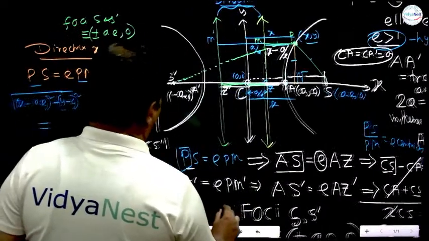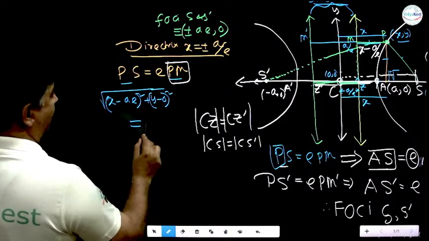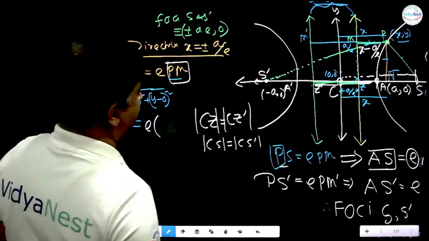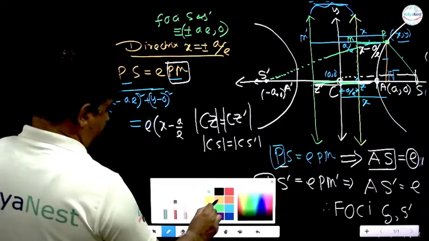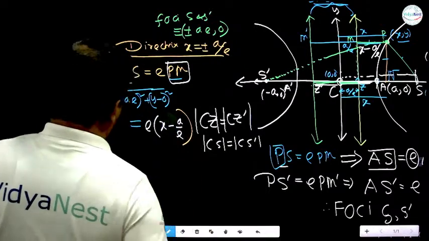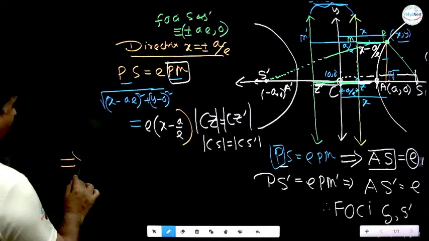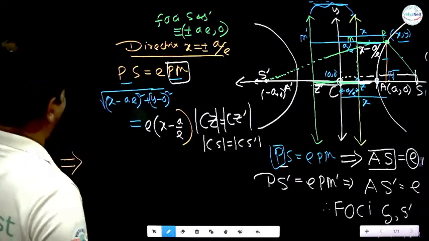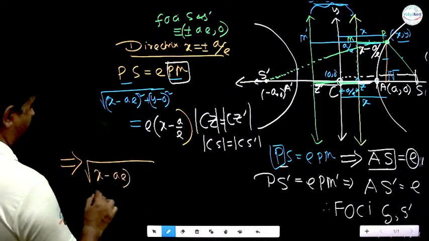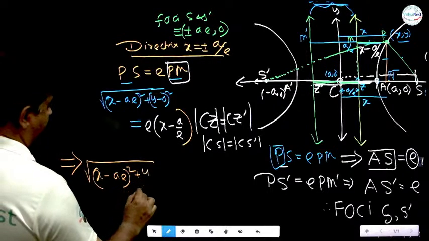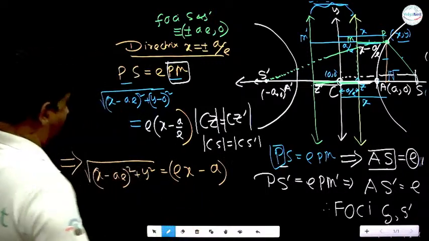By geometry we have comprehended. So instead of PM, I can write E times x minus A by E, close the bracket. Now our job is so simple. We are about to get the equation of hyperbola. Now squaring both sides.